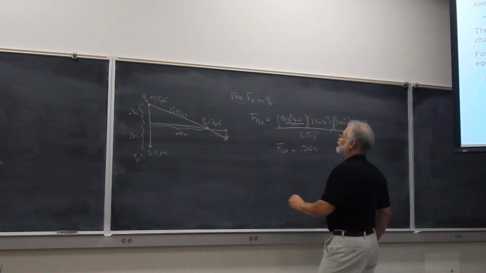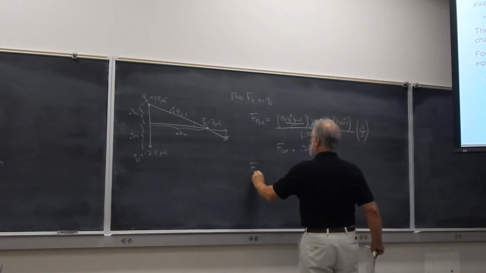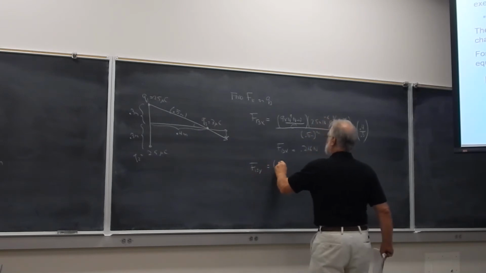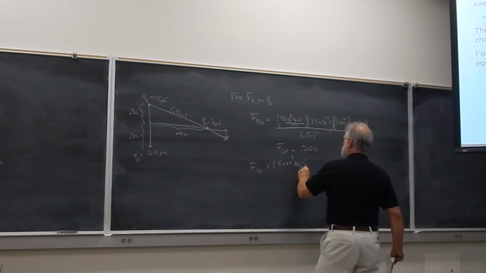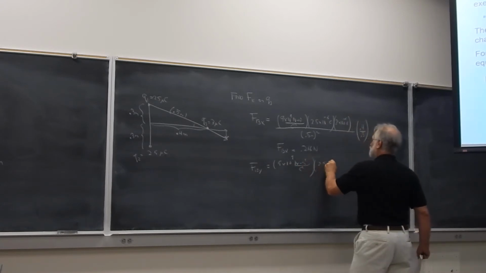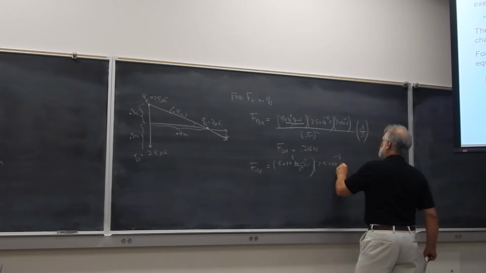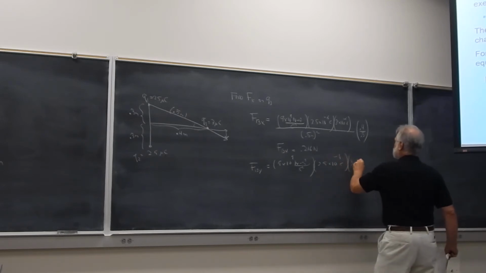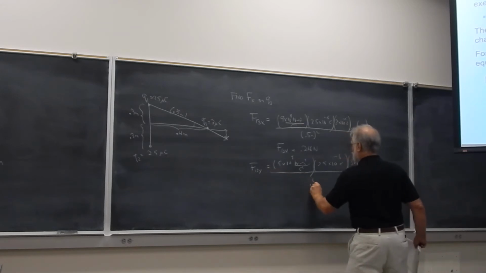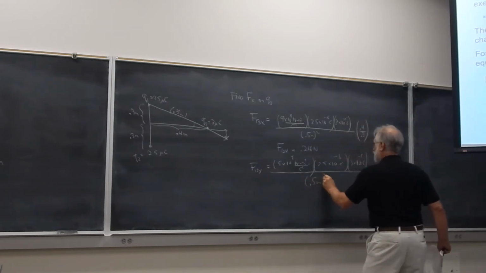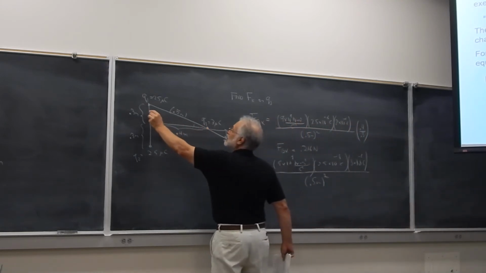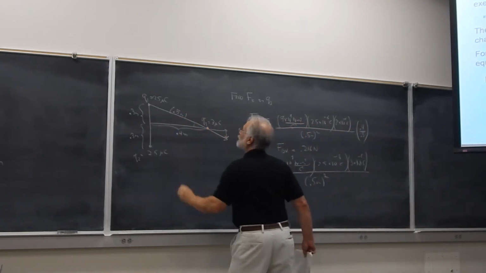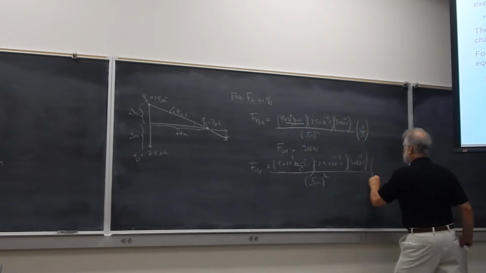Similarly, if I want to find F13y, I set up the same equation and I multiply by the sine of this angle, which is the opposite over the hypotenuse, or 0.3 over 0.5.